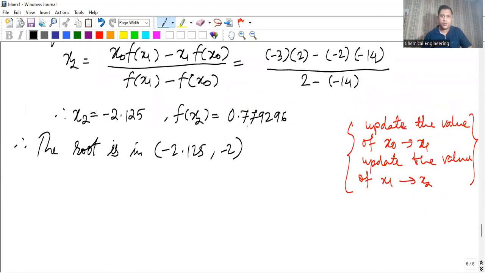No, this is positive, no? So the interval will change. If you go with the interval, it will be like this, right? Is that correct?